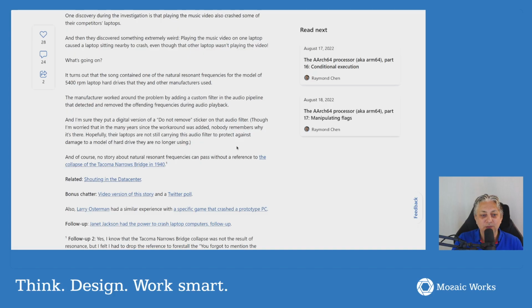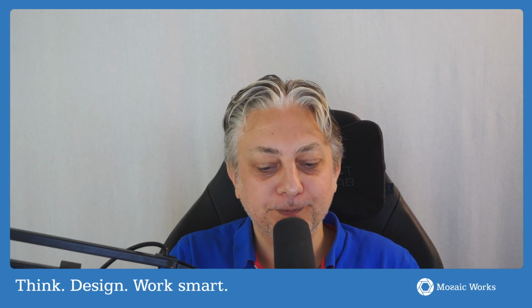So probably the resonant frequencies don't apply, or if there are, well, you could probably blow up an SSD hard drive with the appropriate resonant frequencies, but I assume those are not in any music. Interesting, right? So this was number 4, a music bug, a spooky music bug.